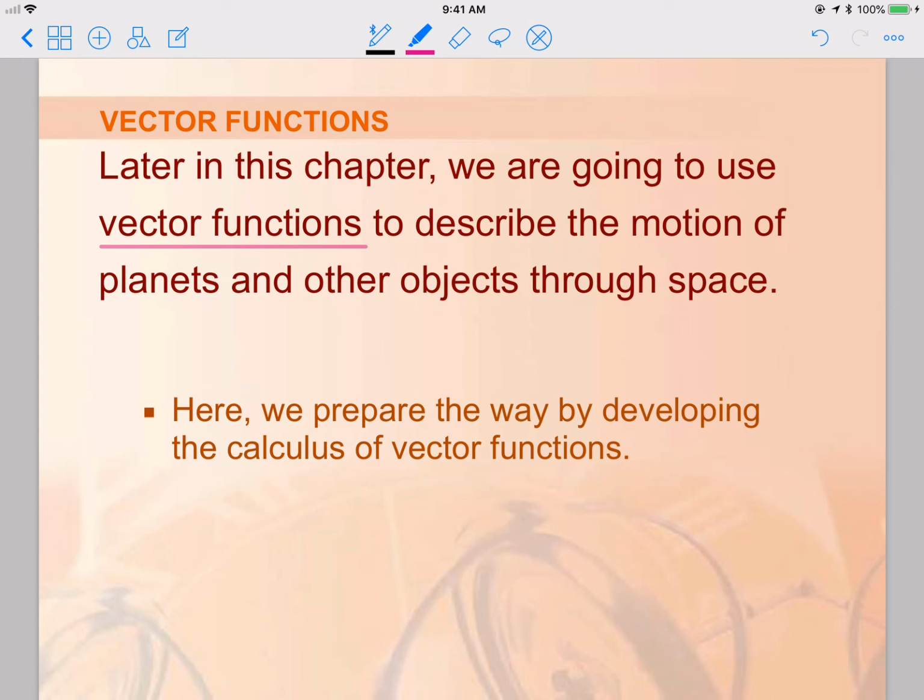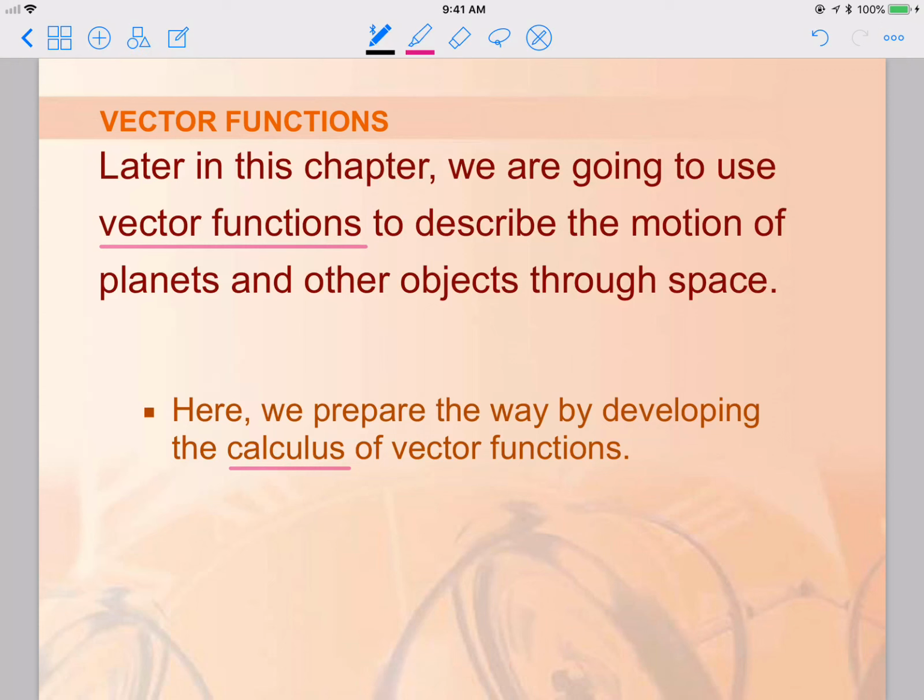The output is a vector, the input is a scalar, and the output could be a two-dimensional vector or a three-dimensional vector. And now we're going to focus on calculus for vector functions.